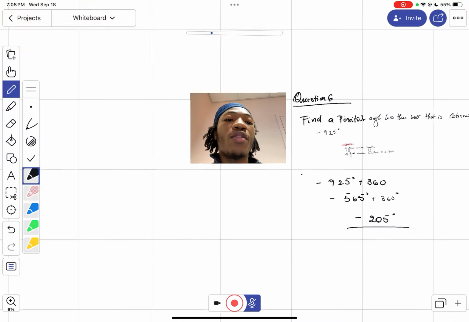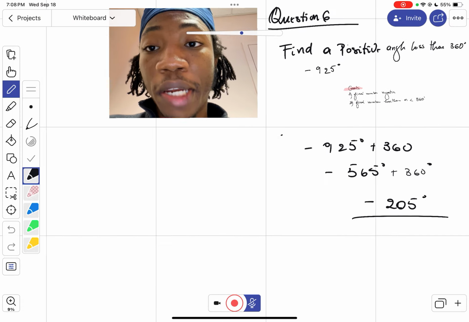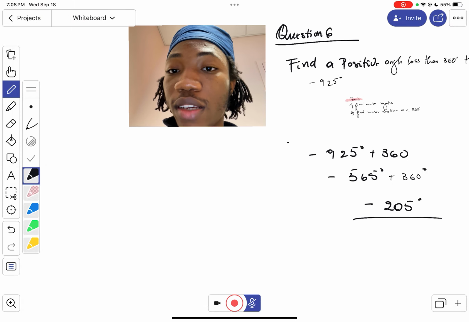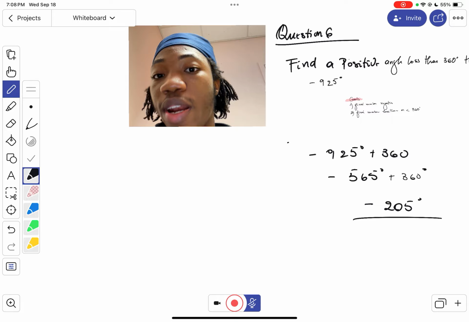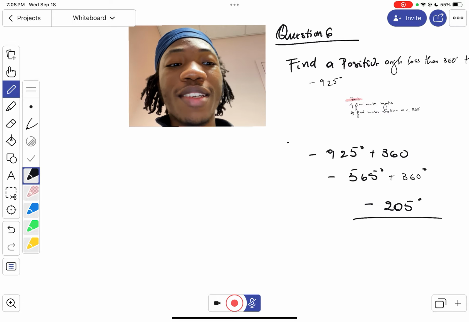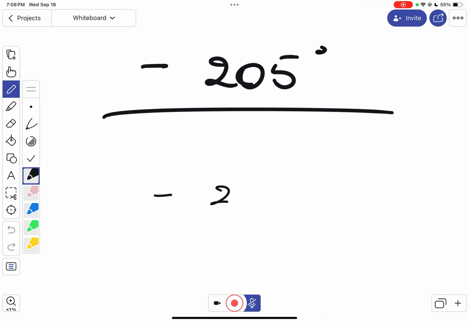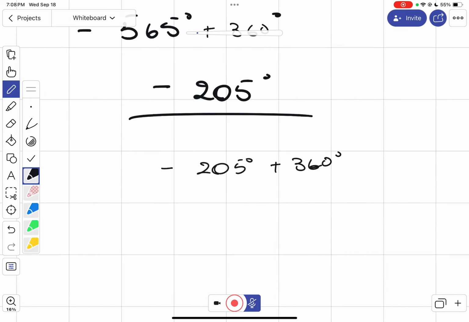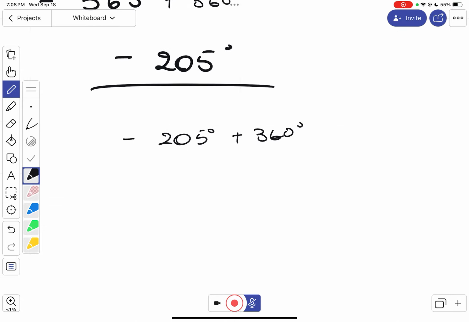Minus 205 degrees is still a negative number, so we still need to add 360. So minus 205 degrees plus 360 degrees: 360 minus 205 is 155, so it gives you 155 degrees.